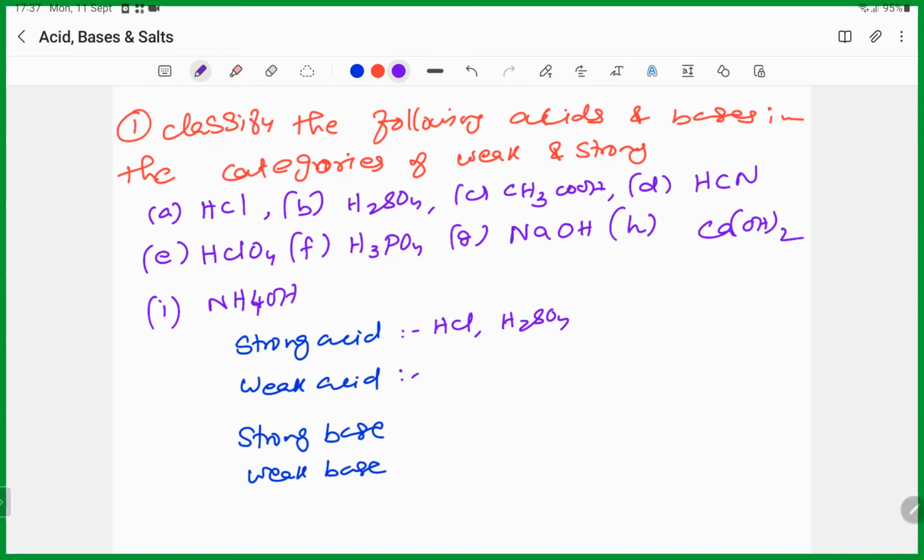Acetic acid is a weak acid. NaOH is strong base. Calcium hydroxide is a strong base.